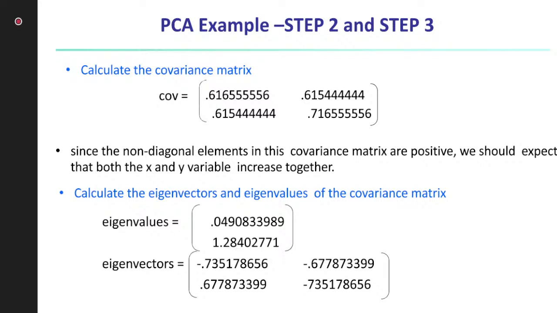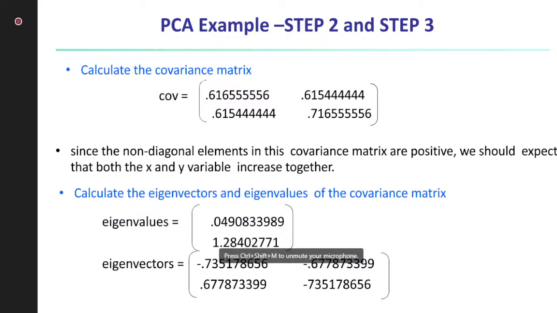Then we calculate its eigenvalues and eigenvectors. The number of eigenvectors is equal to the number of variables, so if there are two variables, two eigenvectors would be there, three variables, three eigenvectors would be there, and it goes like this. For each eigenvector there is one eigenvalue.